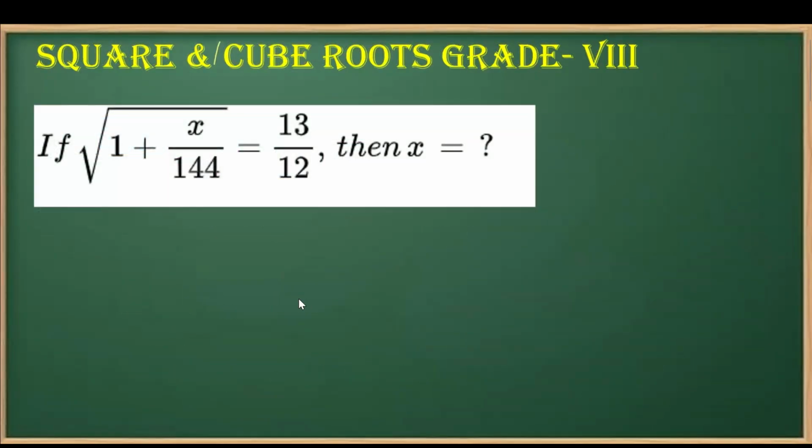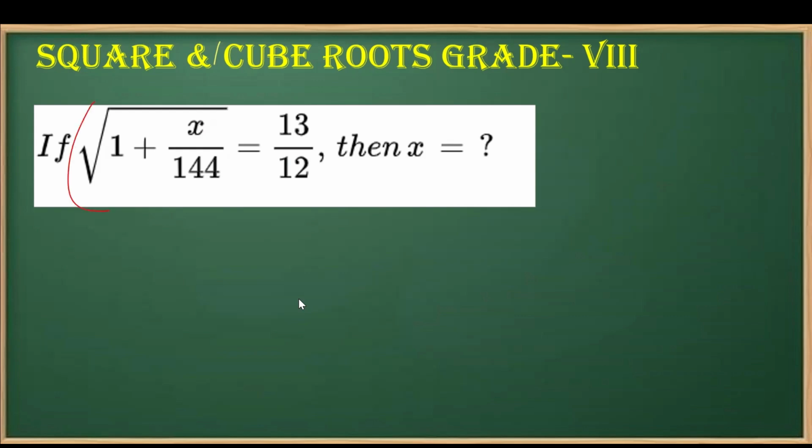Now in this question, we are given that if under root 1 plus x over 144 is equal to 13 over 12, then what is x equal to? Well, to get the value of x, the first thing that we need to do is to remove this square root, and that's possible if you do squaring both sides. So this is what we are going to do in the first step.